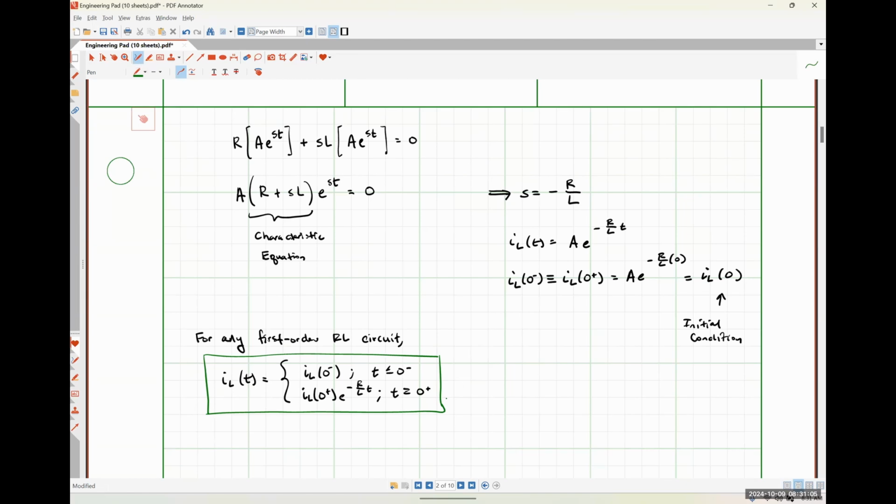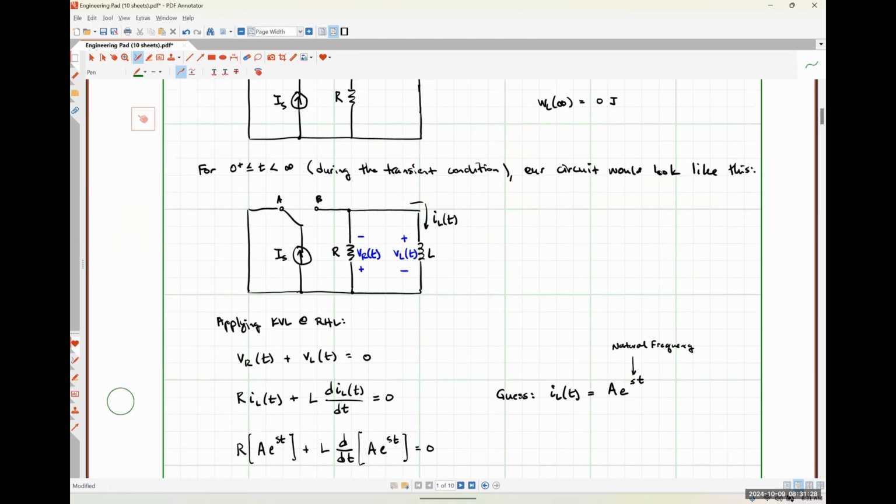So before we move on from this point and put this into practice, I want to make a couple of quick observations here. Okay. So we have shown that our inductor current during the time interval from 0 to infinity is going to be an exponentially decaying current.